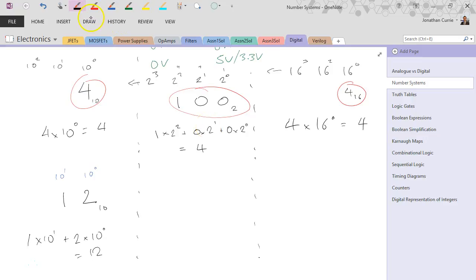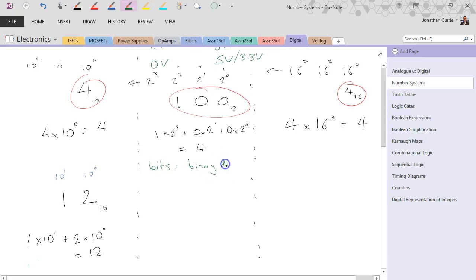In binary, to get to the number of bits, or binary digits, you can work out how many bits you will need to represent a decimal number or a base 10 number.